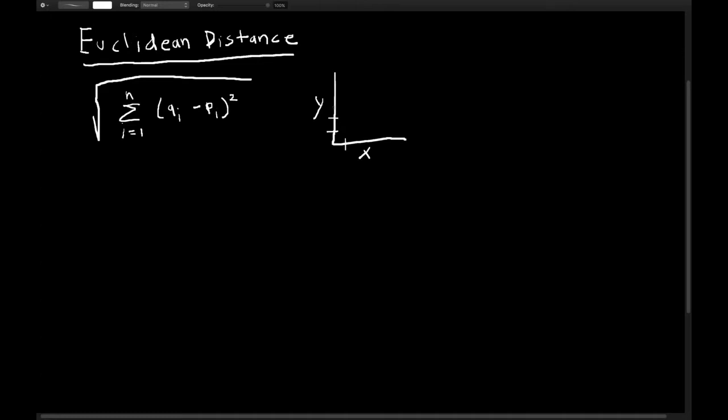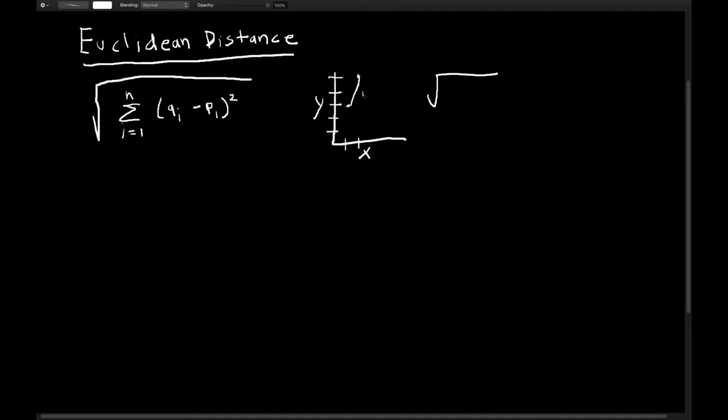Let's call this Q, and then let's have some other point P up here at 2, 5. We could find the distance between these two points by doing the same thing that's in the formula.